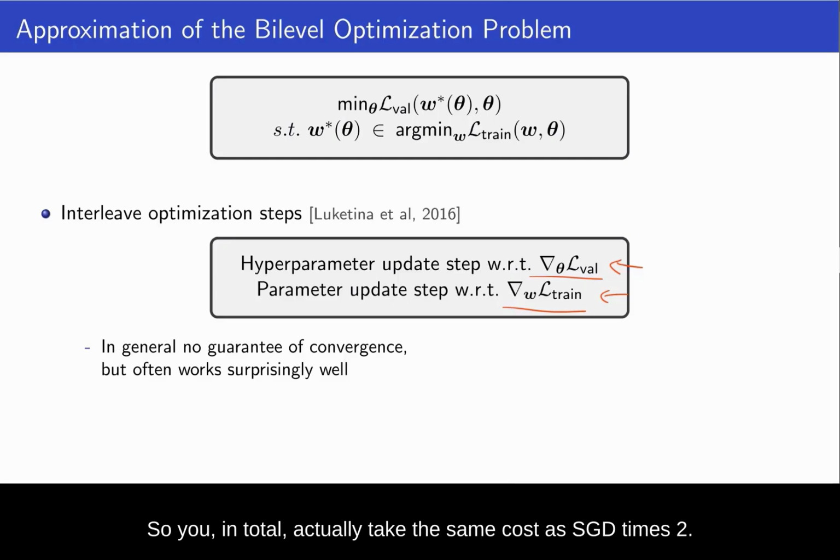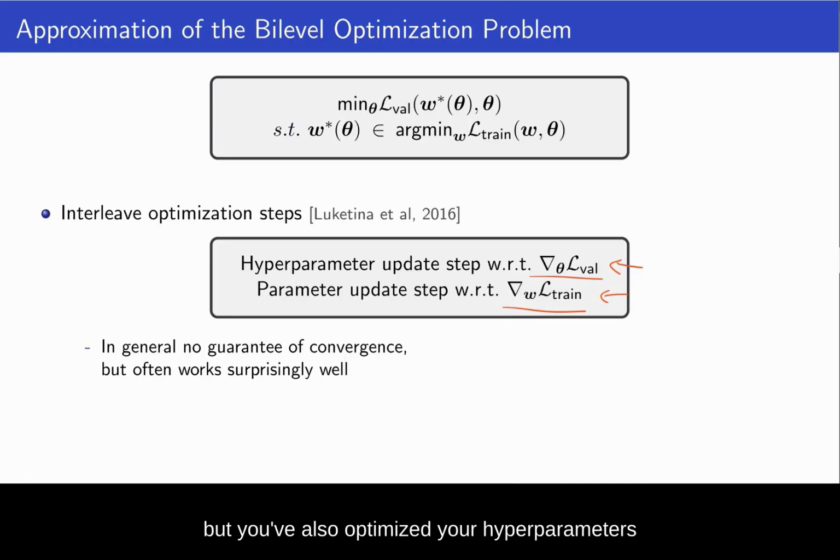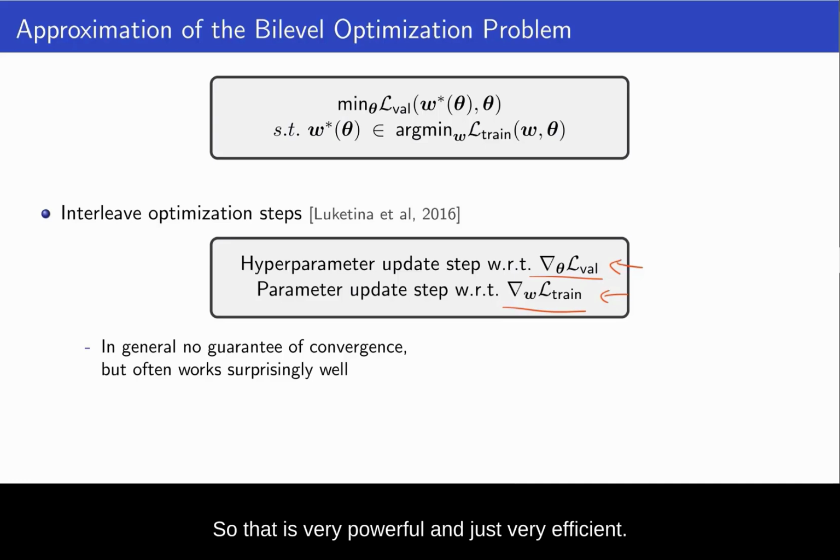So in total, you take the same cost as SGD times 2. And in the end, you have not only optimized your parameters of the neural network, but you have also optimized your hyperparameters and have optimized the parameters as a best response function to these hyperparameters. So that is very powerful and just very efficient.